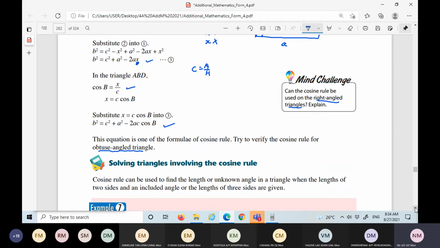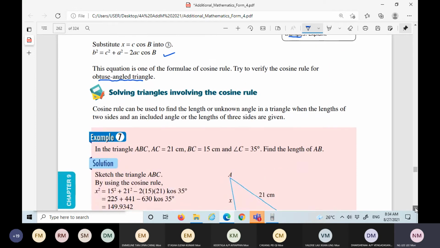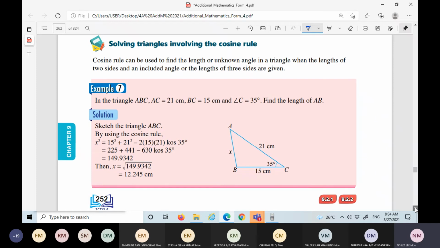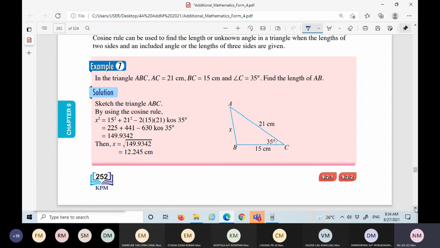Now we go to see the examples, how we use the cosine rule. Look at example 7. AC is given, BC is given, angle C is given.